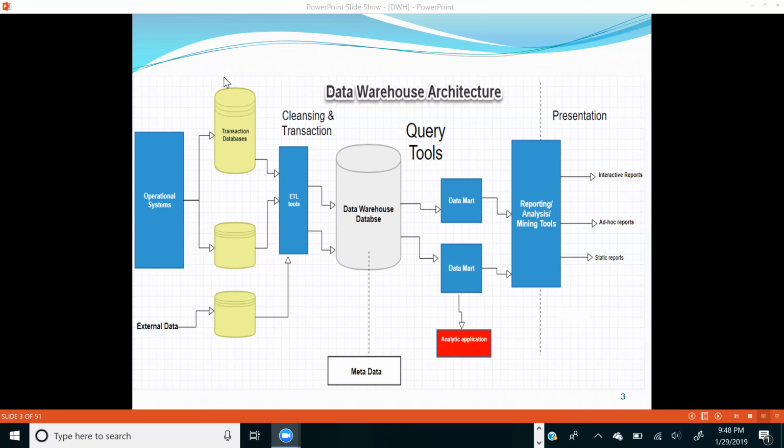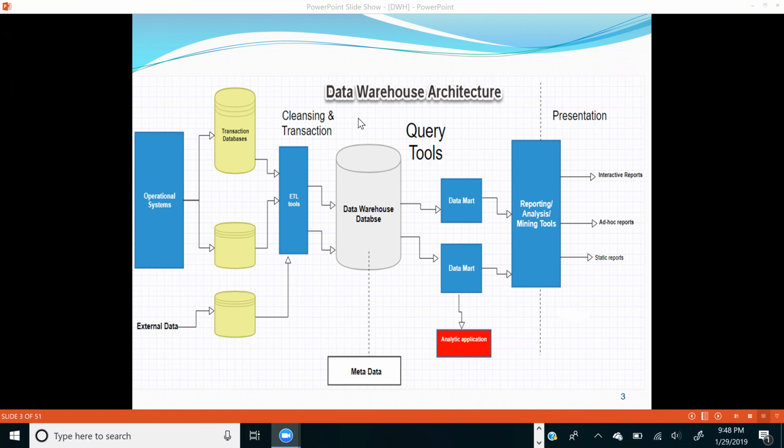Whenever I walk into a store, I can purchase something and that has to be recorded, and whenever I do some online transaction, it has to be recorded. Your transactional databases or operational systems majorly focus on running your business, which is storing your transaction detail by detail. Whatever transaction you are doing has to be captured in detail. That is the main purpose of your transactional databases.